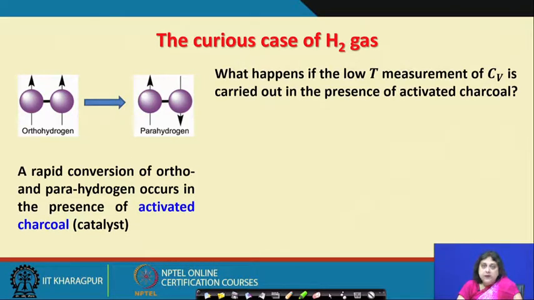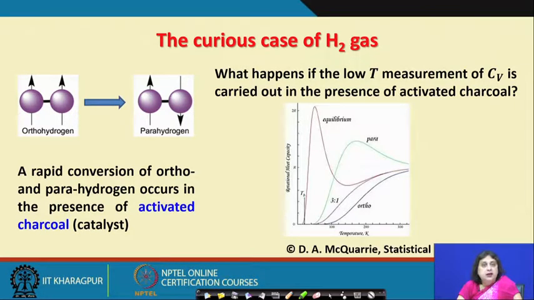Now, if the measurements of specific heat of hydrogen at low temperature were carried out in the presence of activated charcoal, then you would expect that the population of ortho will rapidly get converted to para, even if I am having a low temperature.